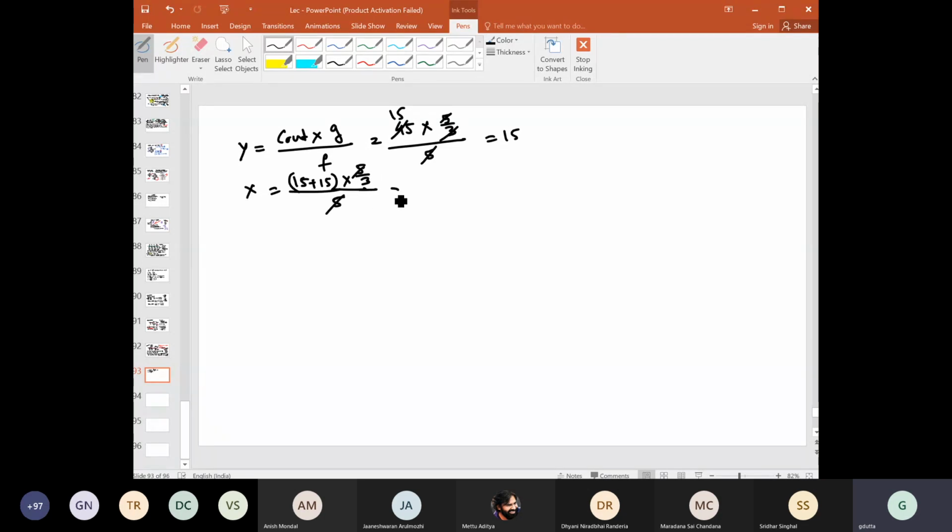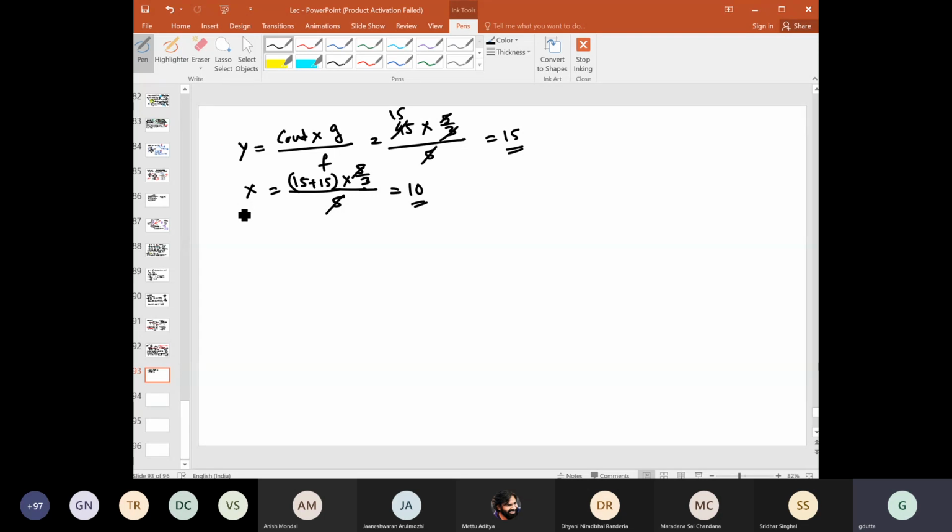So it becomes 30, so it becomes 10. So the size is 15 for Y and 10 for this X. 10 is for this 3 input NAND gate, and 15 is for the 2 input NOR gate, right?